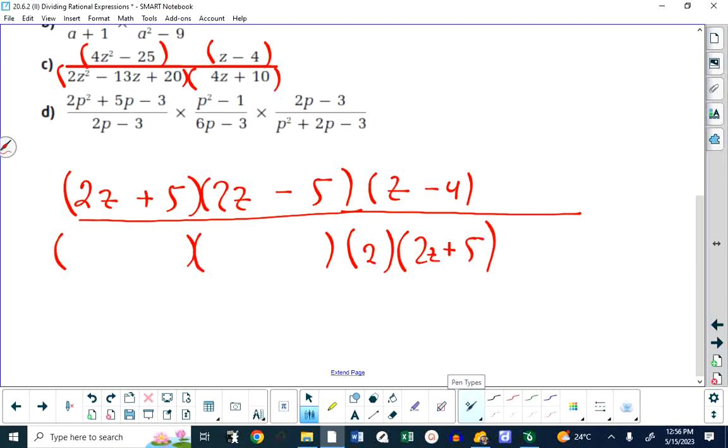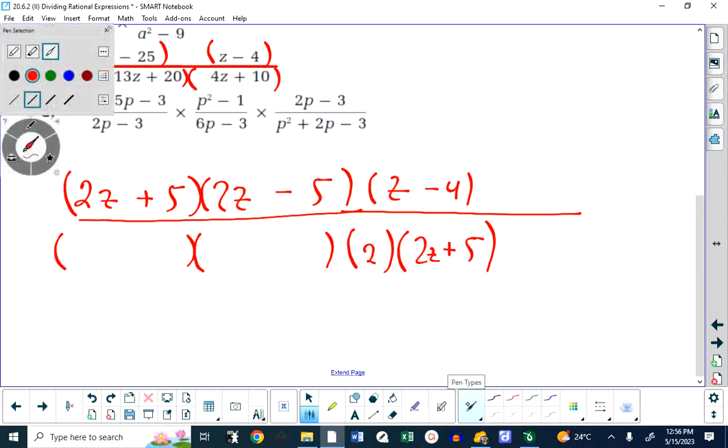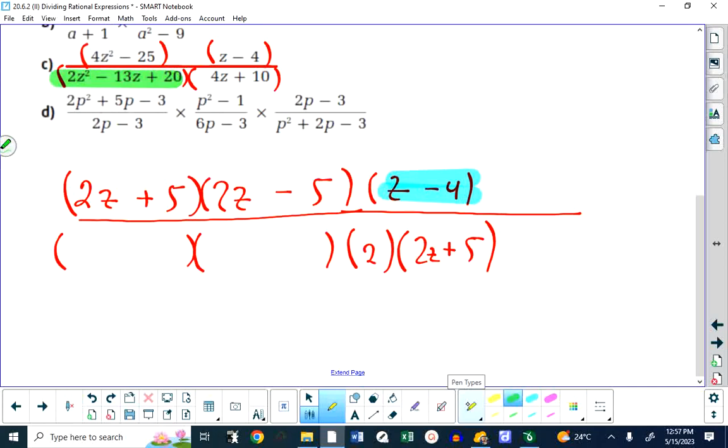So here's a little tip. I see a z minus 4 in the numerator over here. And I'm looking now at factoring this. Okay?